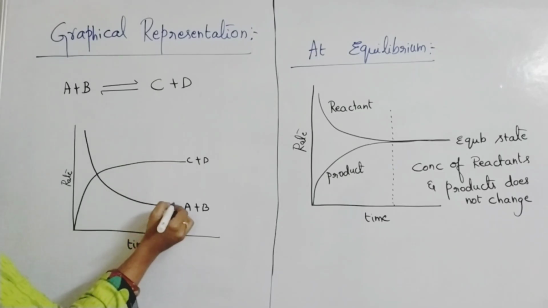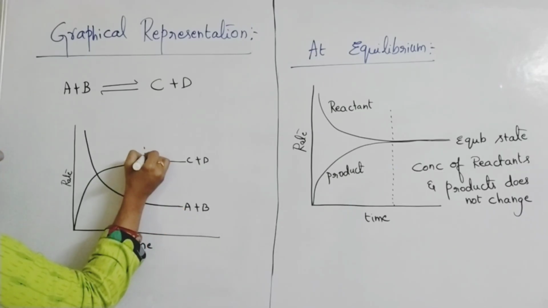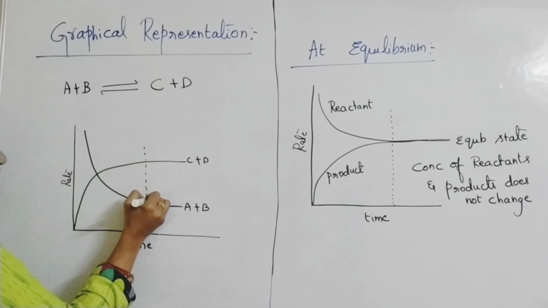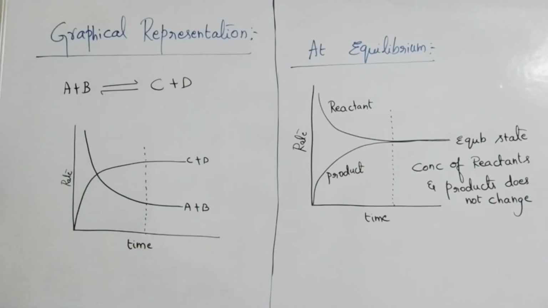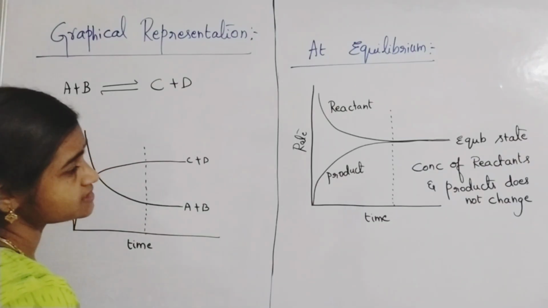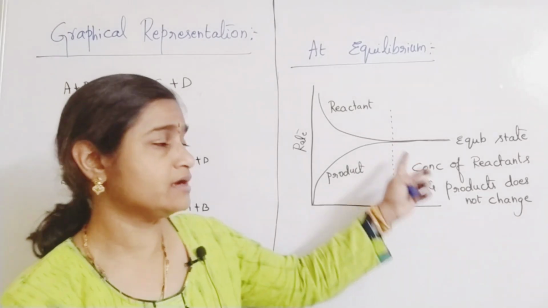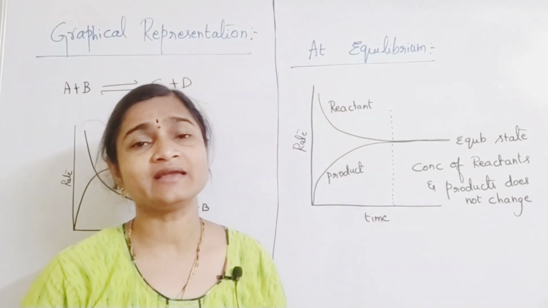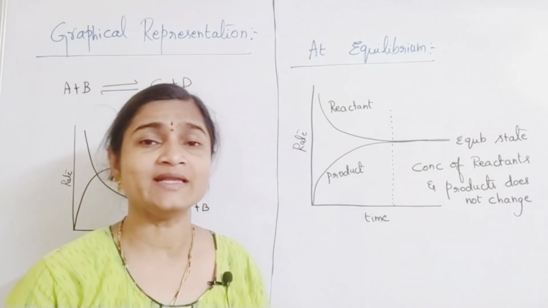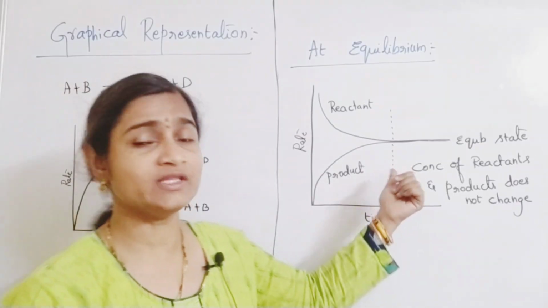Okay, so you have to observe the region where the graph becomes a straight line parallel to the x-axis. That is the state of attainment of equilibrium, because here we have two different products, C and D, and two different reactants. If you are taking a single reactant and single product, or two reactants and a single product, then you can draw the graph like this.